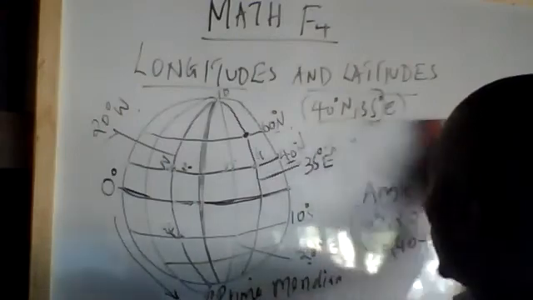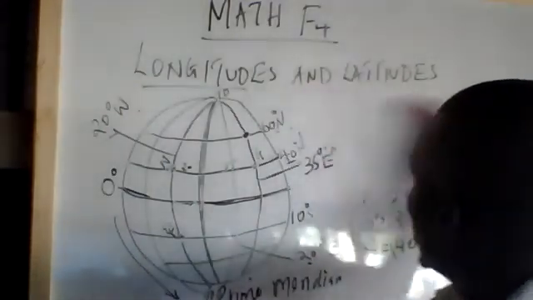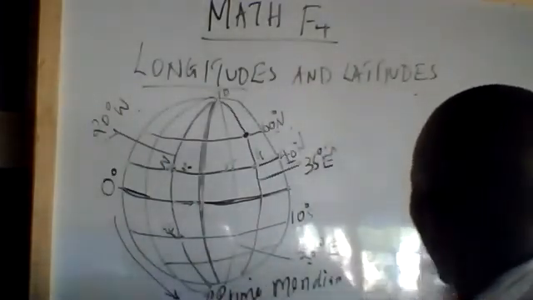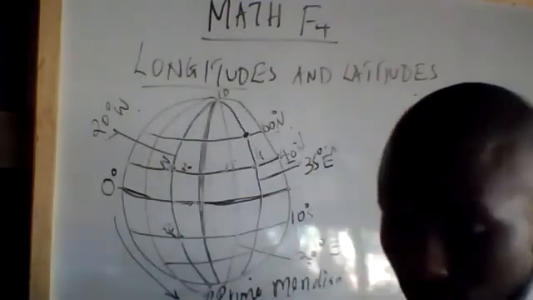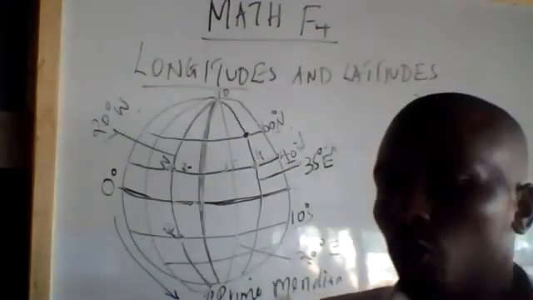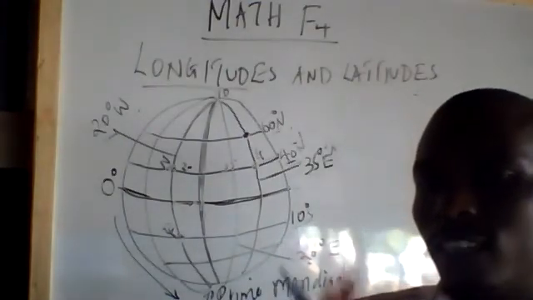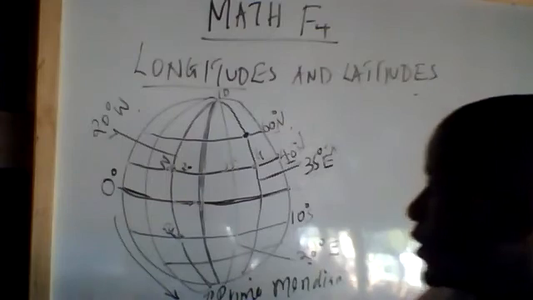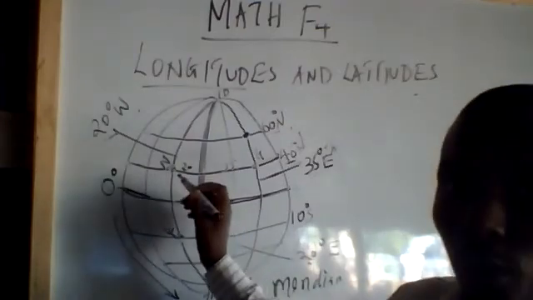Now, after getting what is called the angle difference, I want us to understand how we can calculate the distances between 2 points. For example, you are at a point.